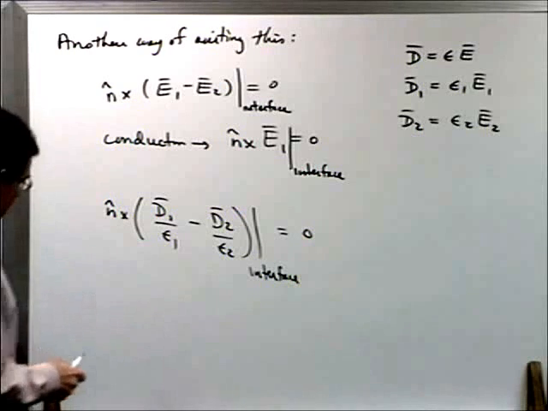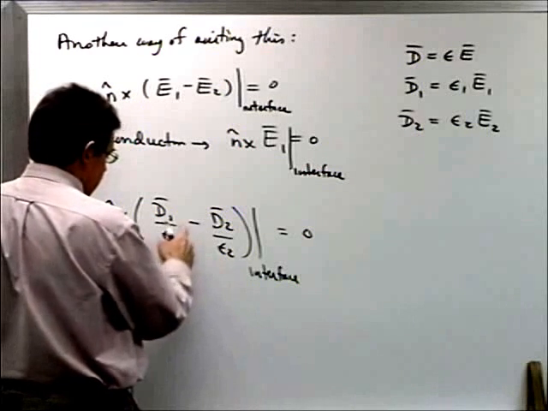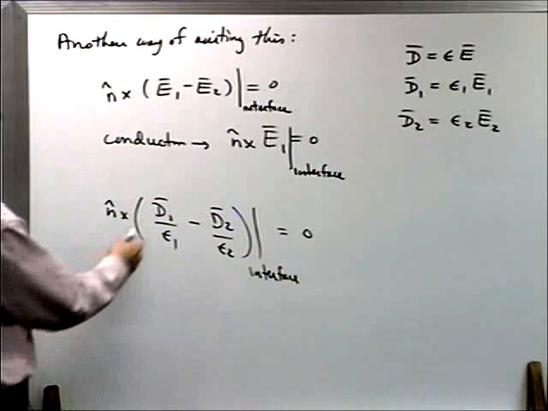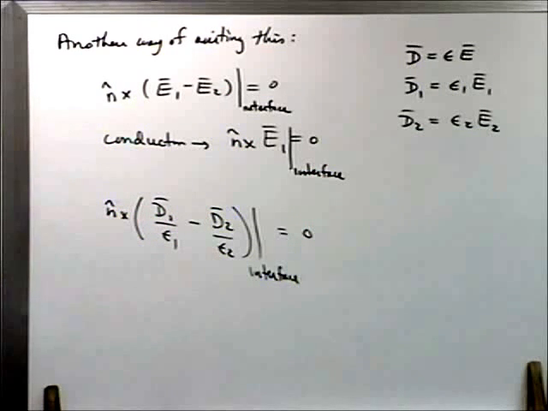Now since epsilon 1 and epsilon 2 are different, that says that the tangential component of the D field changes as we cross the interface. So D1 tan is not continuous in this case.